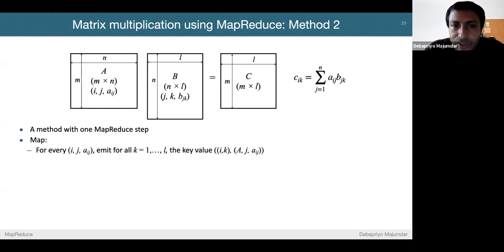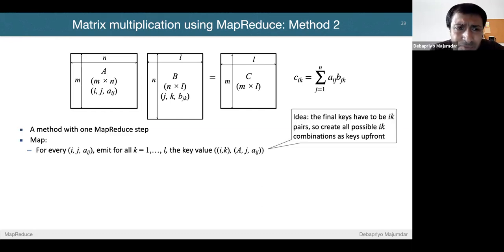For this, you need to know how many k's there are, so you need to know the size of the matrices, or rather the largest indices, to start with. If you don't know that, then you cannot generate for all k equal to 1 to L. Similarly, the final key has to be the Ik pairs, so create all possible Ik combinations as keys upfront.